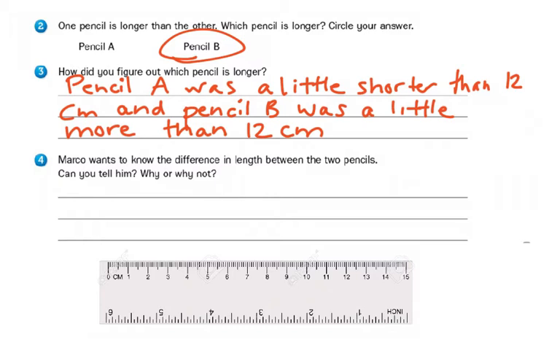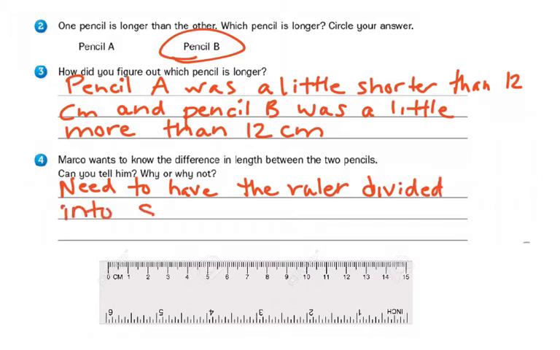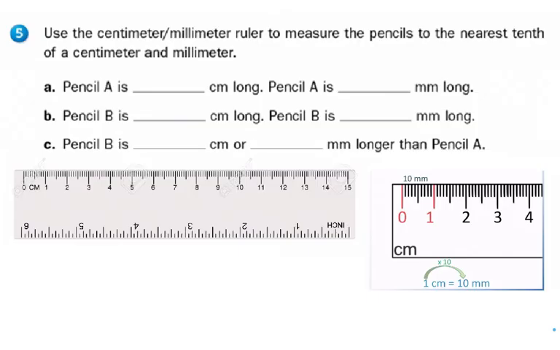So I would need to have the ruler divided into smaller segments. So as of right now, just using centimeters, no, I cannot tell him the difference in length between those two pencils. So let's go ahead and move to the bottom of this page.